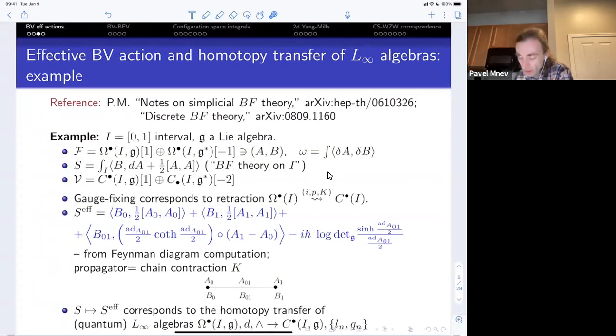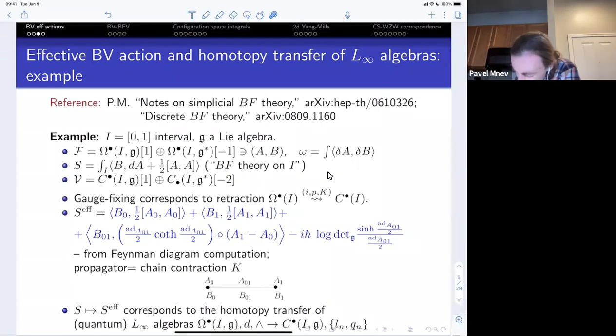All right. So now there are lots and lots of examples of effective BV actions. I just wanted to give my favorite example. If you're looking at a one-dimensional field theory on an interval, a very simple example, you fix some Lie algebra of coefficients. I'm sorry, it's a bit of a dense slide.